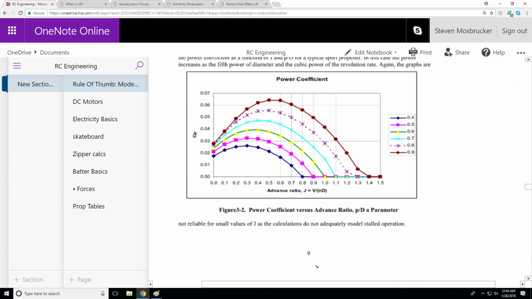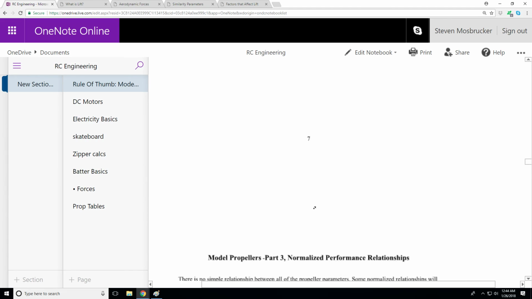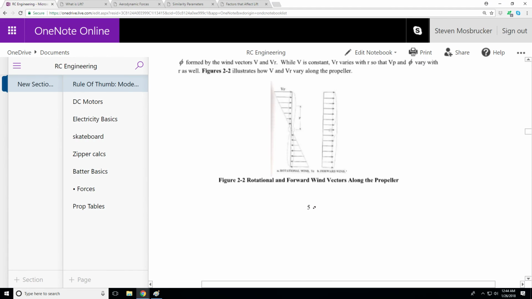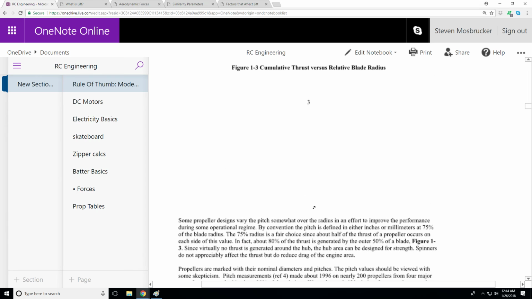Alright, so that is the basics of what we're going to go on, and maybe in one of the later videos I'll definitely be going into lift, and we'll be generating a calculator so we could calculate what types of props for different types of environments we want to run. We want to run a slow flyer, or a really fast jet, or a prop driven airplane, or go from 2-blade to 3-blade, or 2-blade to 4-blade.